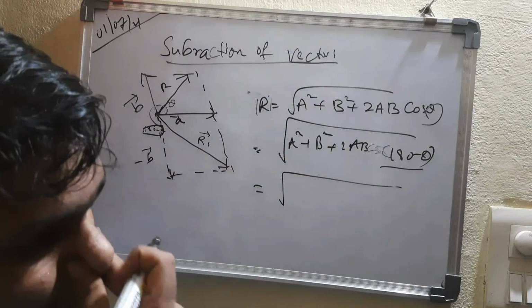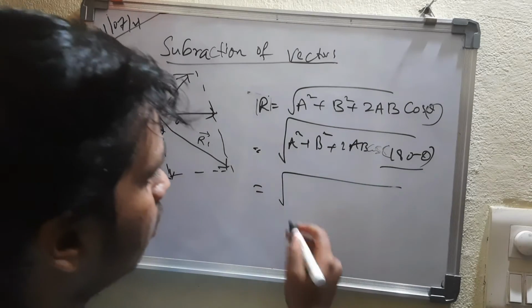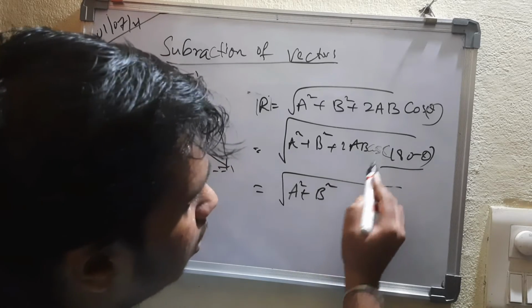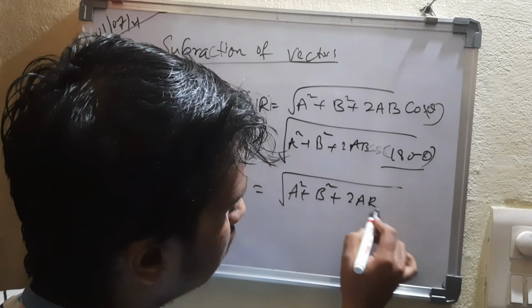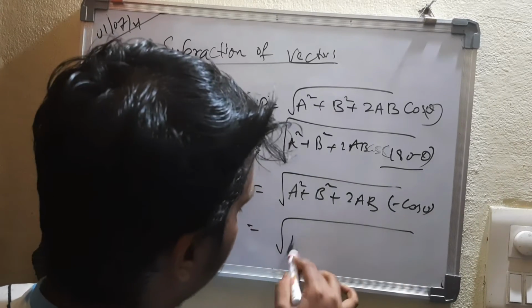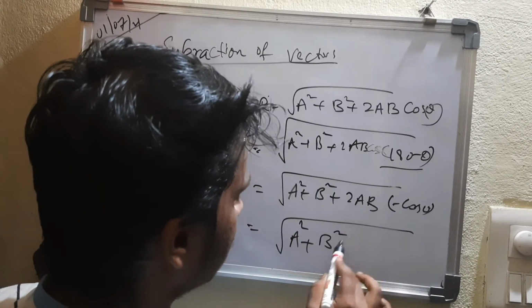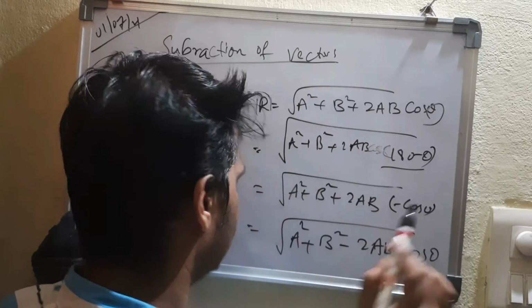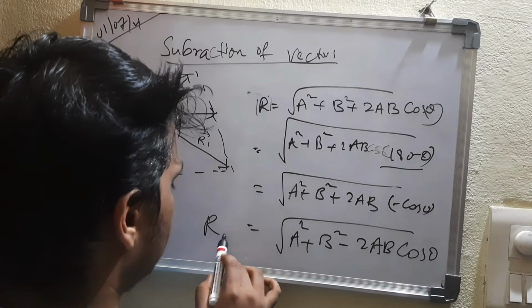Cos 180 minus theta will become minus cos theta. So it will become A square plus B square plus 2AB into minus cos theta. So the formula comes R1 equals under root of A square plus B square minus 2AB cos theta.